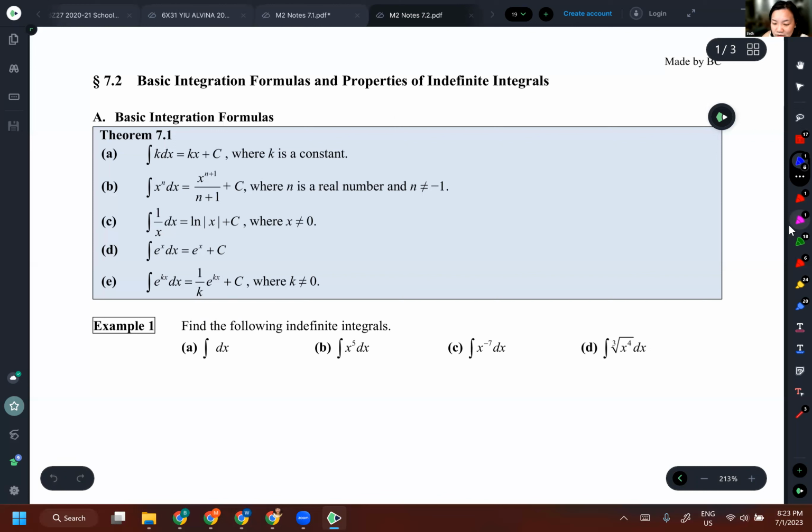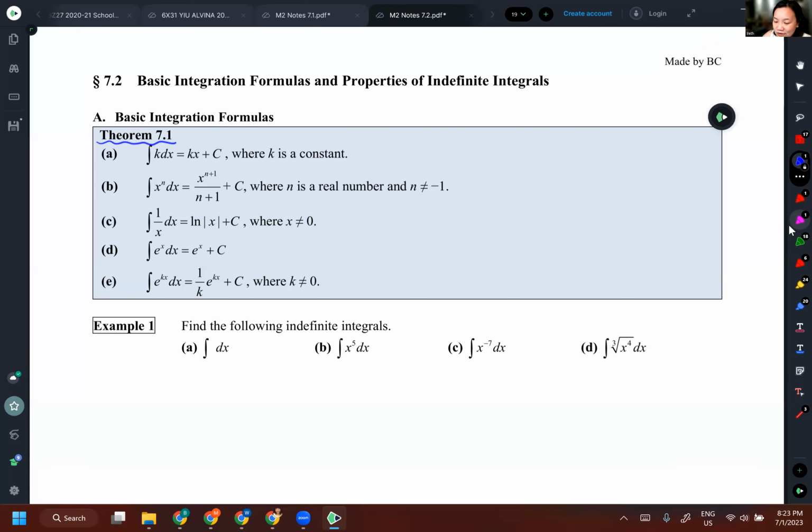Now, 7.1, basic formulas. Later on, you just need to know how to use them. But when I first introduce them to you, I would just prove them to you in a way to show you this is correct.